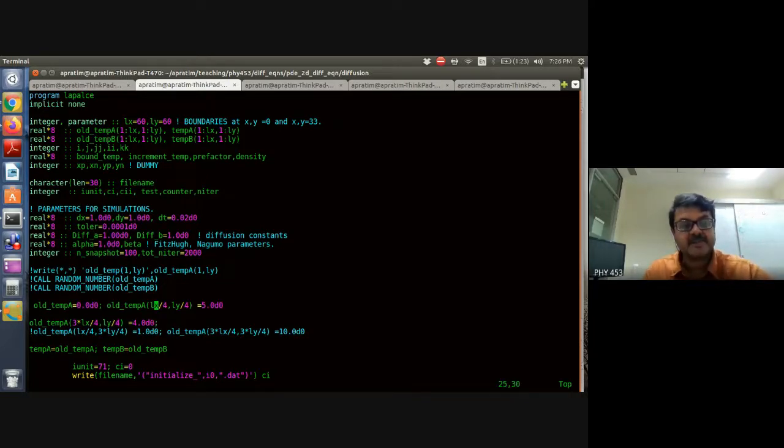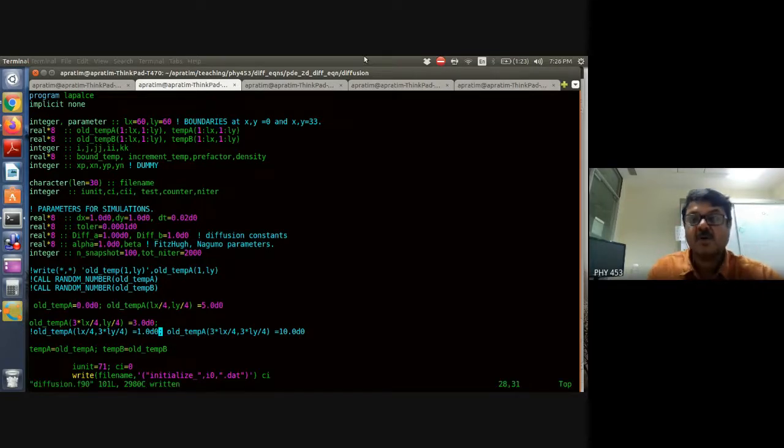And let's have a different value. Let me have this one as 5, and this is 3. So there's less material, lower density if you like, within that square box at 3Lx by 4 and 3Ly by 4, which is basically 45, 45. So this is of course 15, 15 and 45, 45.